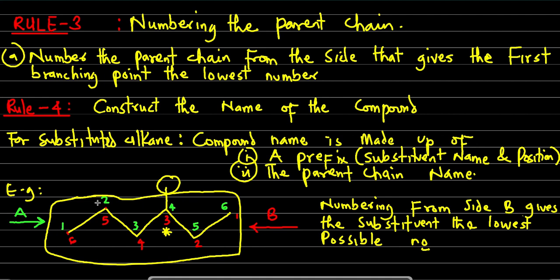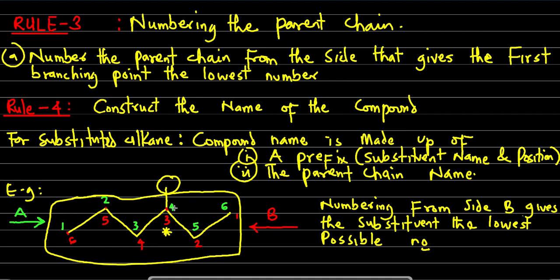So coming from this A side, the side with the green marker, this position is number 4, right? But coming from B, the red marker, this position is number 3. So you ask yourself, which of these 2 positions is the lowest? Remember, the rule says you have to number from the side that gives the first branching point the lowest possible number. So in this case we have just mono substituted.